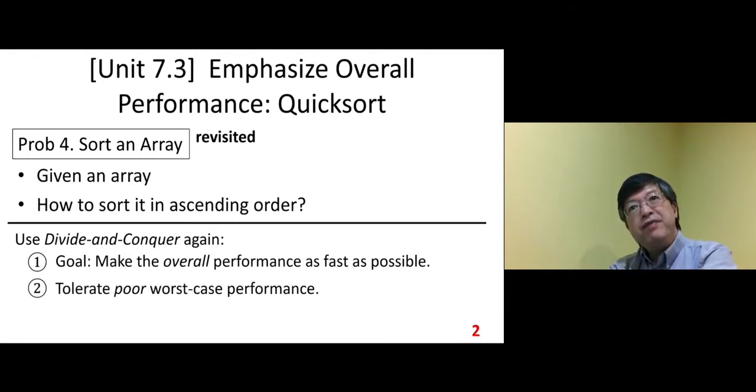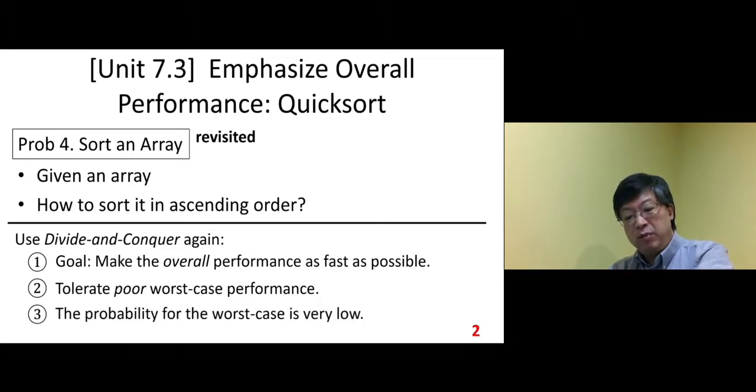In order to get that overall fast performance, we have to sacrifice a little bit. So where do we sacrifice? Here, the worst case. In this case, we have very poor worst case performance. But the probability of the worst case is very small.